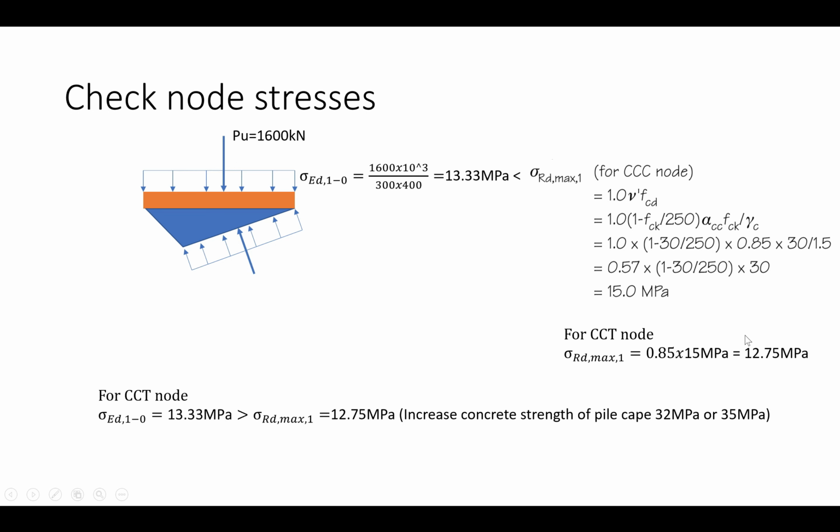But you can observe that the formula is applied only for the concrete strength, not yet including the reinforcement strength. Actually, we provide more rebar in the concrete, so the resisting strength will be increased. Okay.